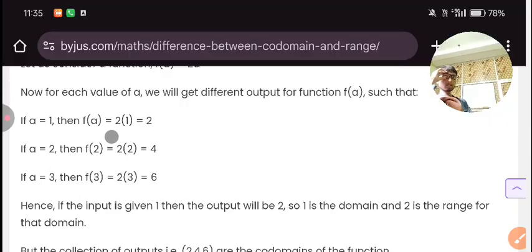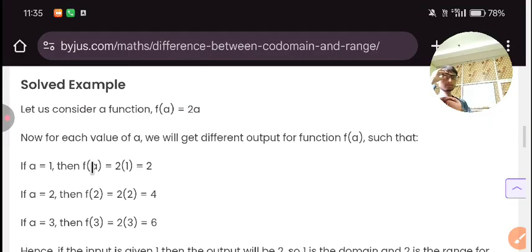Here A is this much, and this is the input.